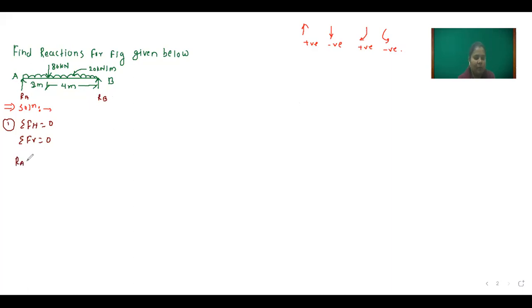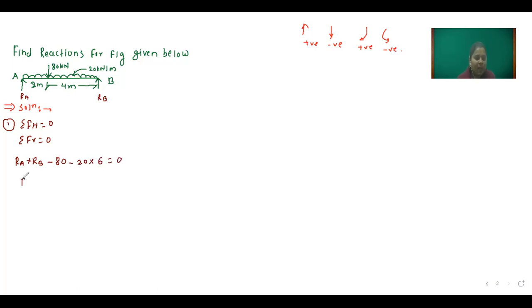So RA plus RB. Then the next force is this 80 kilonewton force, going downward, so minus 80. Then this 20 kilonewton per meter load also pushes downward, so it is also minus. But you observe this is a uniformly distributed load, so we have to multiply by length: 20 into 6, equal to 0.